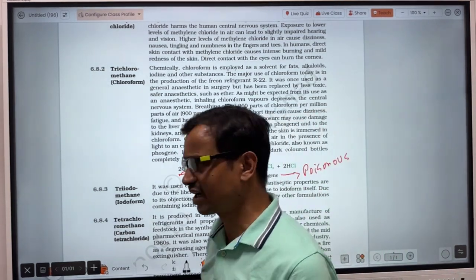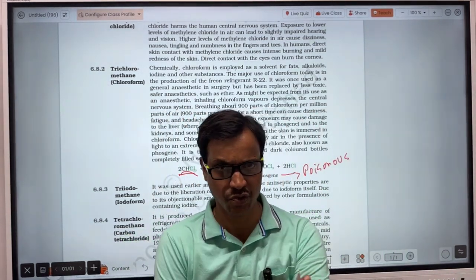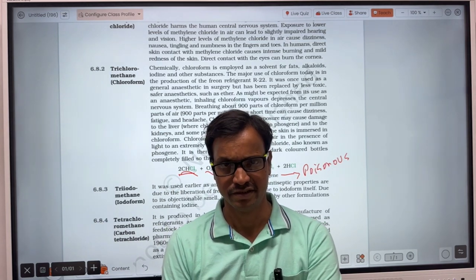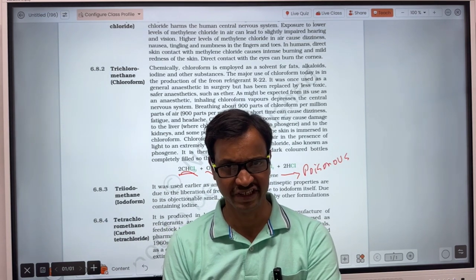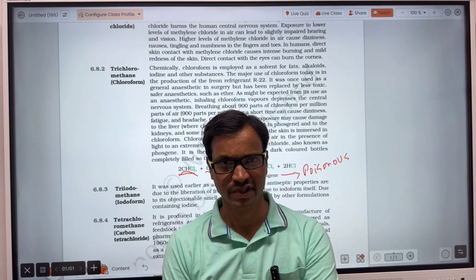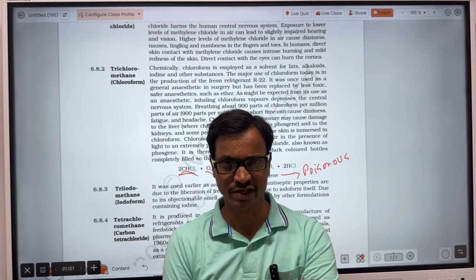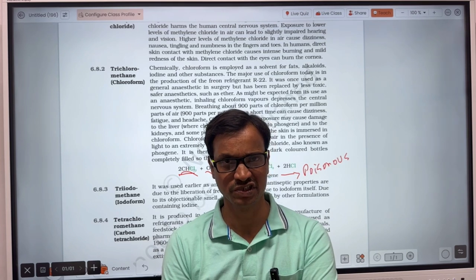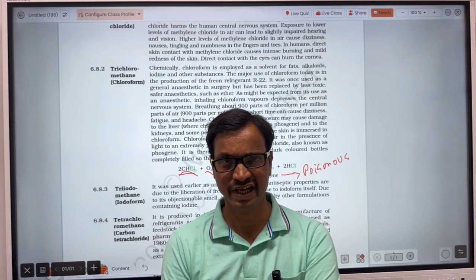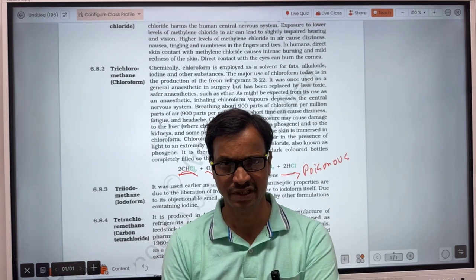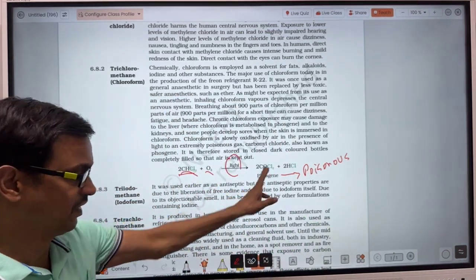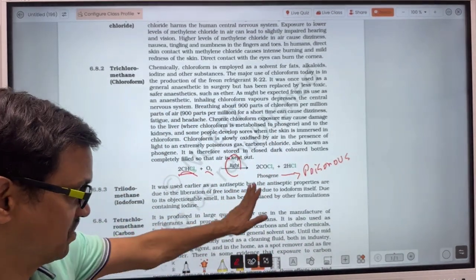So trichloromethane, also called chloroform, is stored in a dark colored bottle, because when it is exposed to the air, it comes in contact with oxygen and reacts with oxygen in the presence of sunlight to give a poisonous gas, phosgene.